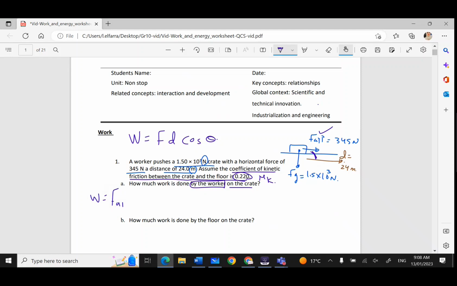So F applied times d will equal 345 times displacement is 24, cosine 0 is 1. So this will equal 8.28 times 10 to the power 3 joule.